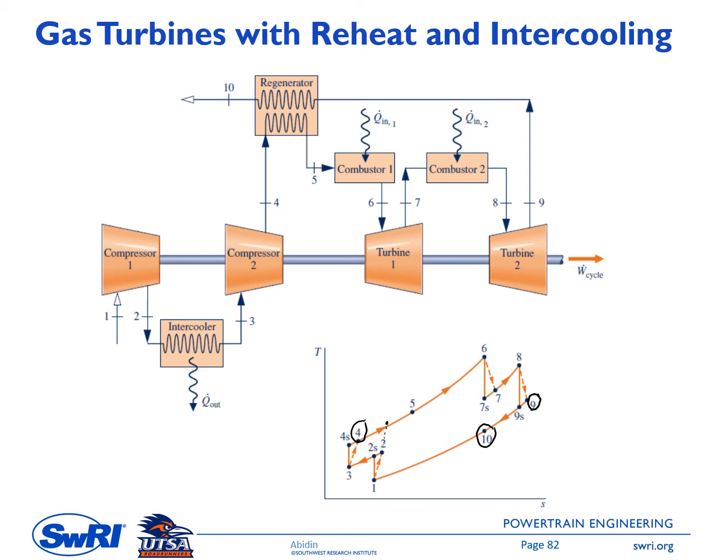This figure shows the schematic of this arrangement, where we have an intercooler here, a reheater here, and this is a regenerator. So with this system set up, it is expected to have a substantial improvement in performance.